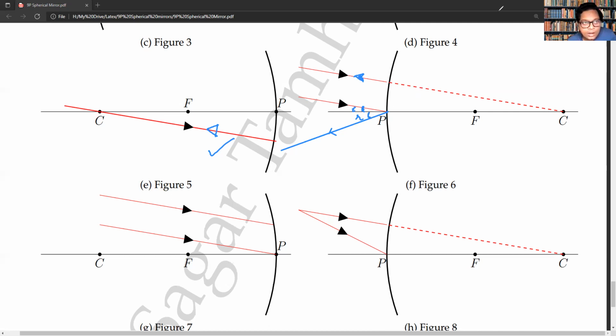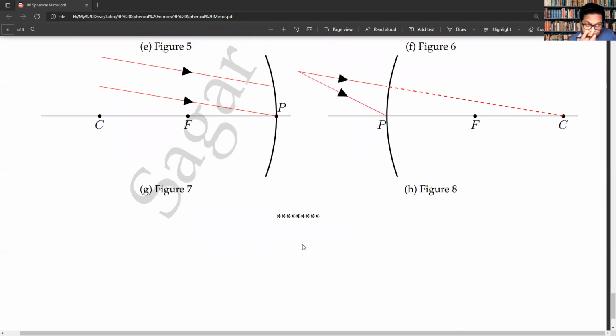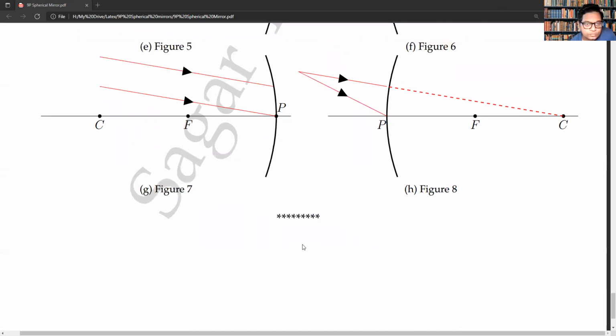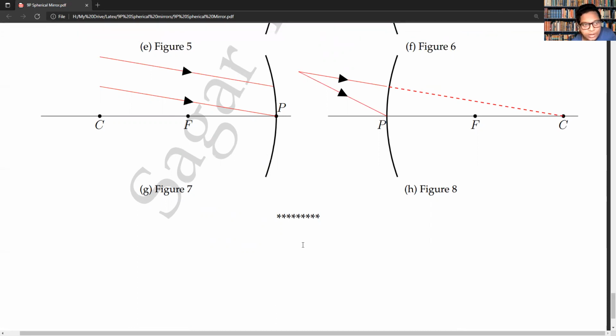Fine. Now, what about the seventh one? In the seventh one, both rays are non-independent. The upper ray will go parallel to the principal axis.